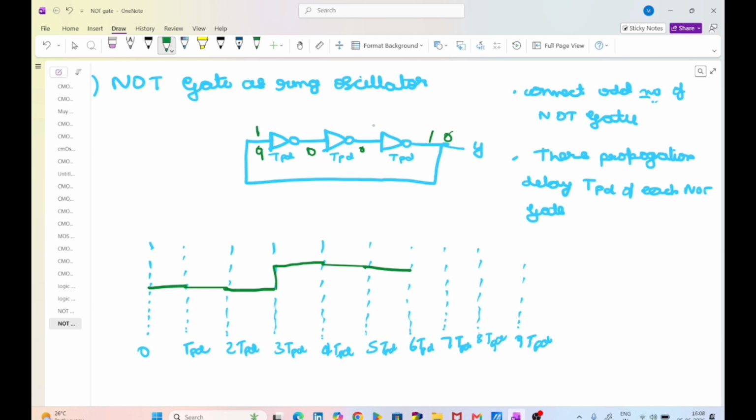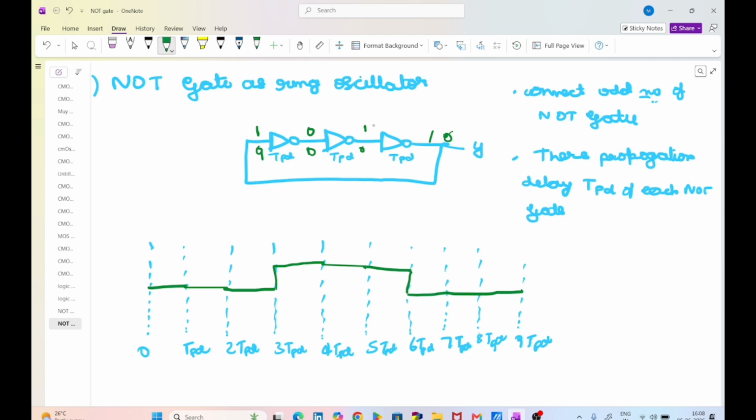Then in the next period this will become 0, since till now this became 1, and then the output passes to 0 and then it will go to 0. I hope you understand the concept.